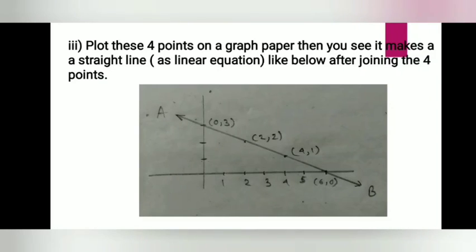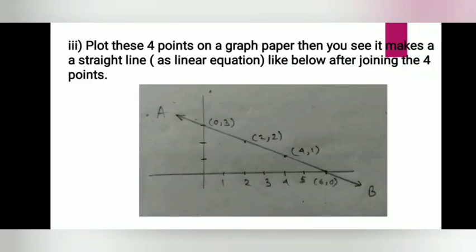Now you can see this is the graph paper plotting, which shows a straight line, means your plotting of the points on the graph paper is correct.